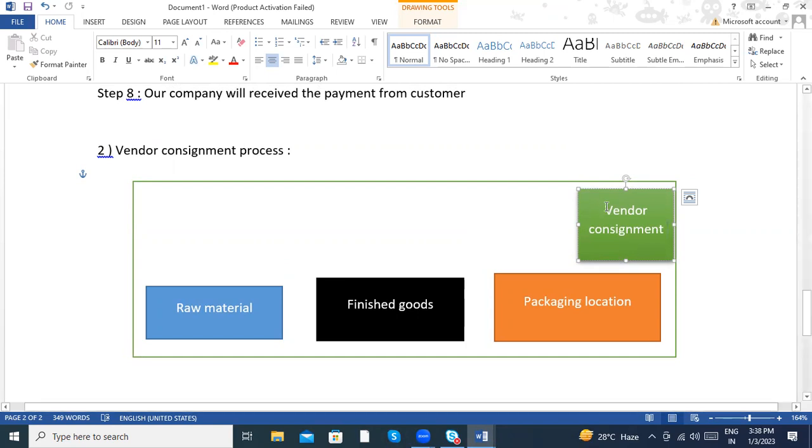If you want the best example, take electrical goods. If you go to any nearby electronics store, maybe Reliance Digital or Jio, you can find so many appliances: refrigerators, washing machines, laptops, mobiles.